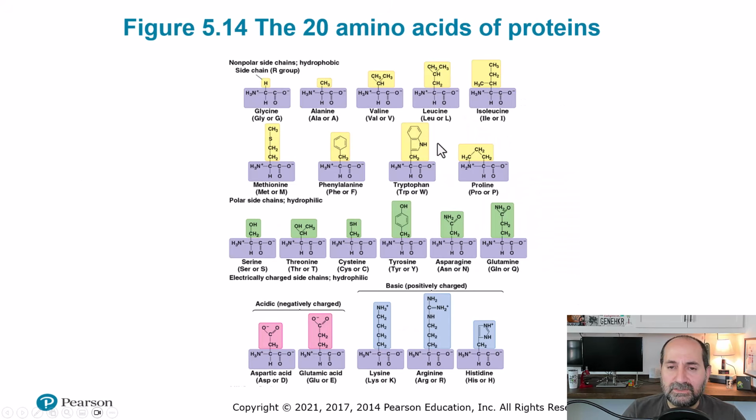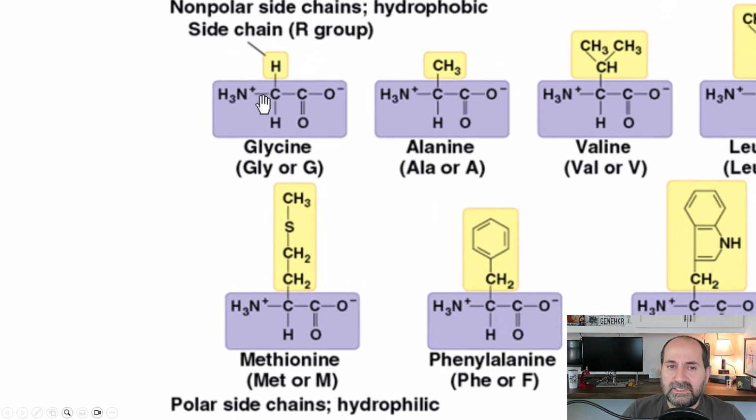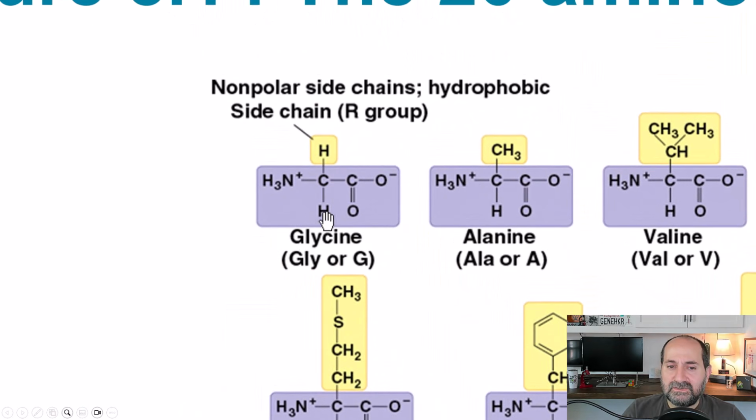Here you can see the 20 amino acids all laid out right in front of you. So take a look at this. This amino acid right here is called glycine. And notice it has the ionized form of the amino group. Remember, we learned about the ionized form of the amino group and the ionized form of the carboxyl group.